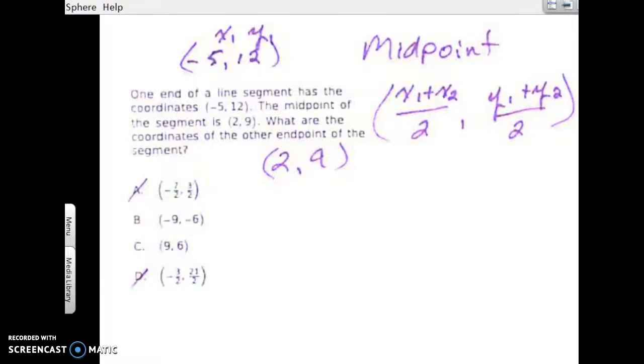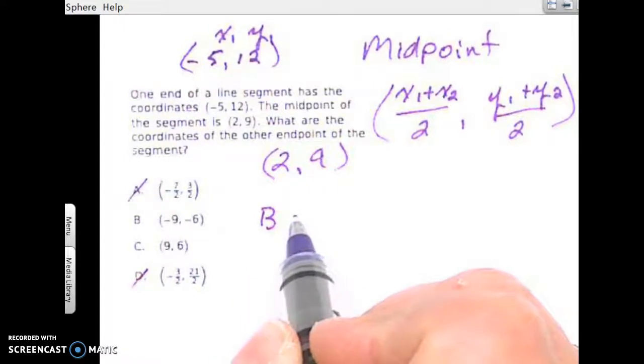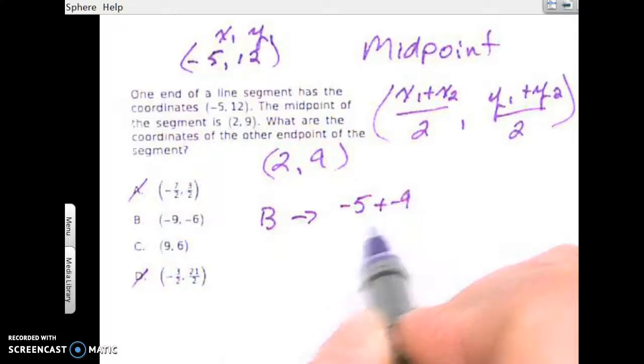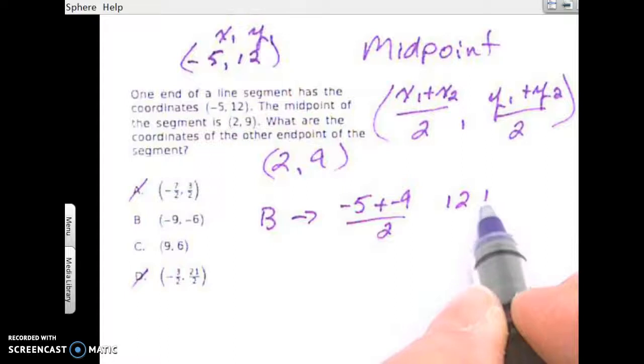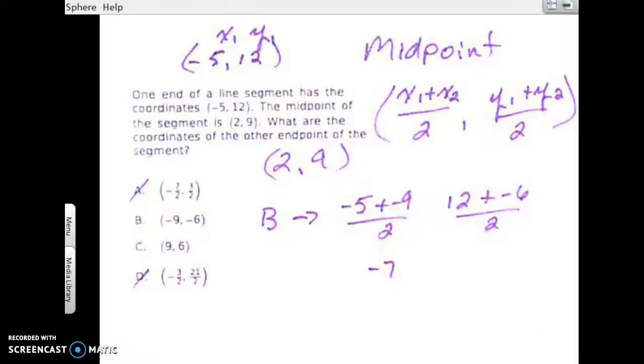So I'm going to check using answer choice B. If B is my answer, that means that I'm going to take -5 plus -9 divided by 2, and I'm going to take 12 plus -6 divided by 2, and I want it to equal 2, 9. When I take -5 plus -9, that's going to give me a -14 divided by 2 is going to give me a -7. So I don't want that answer.